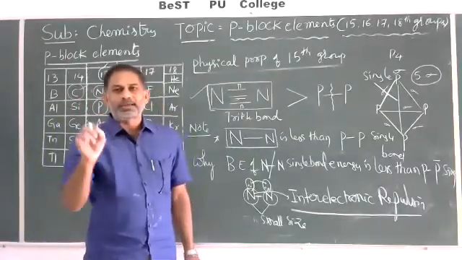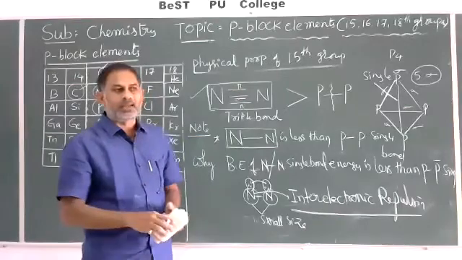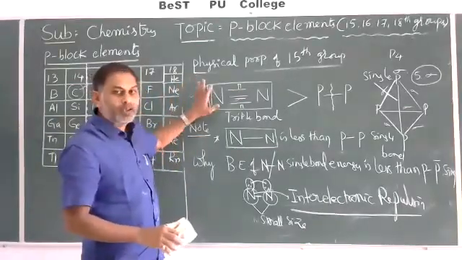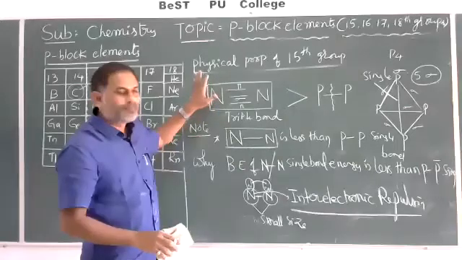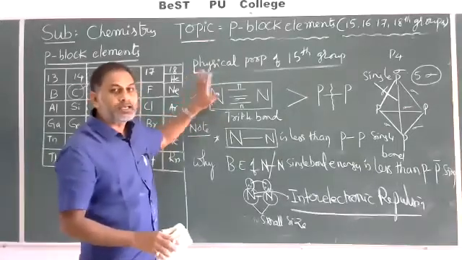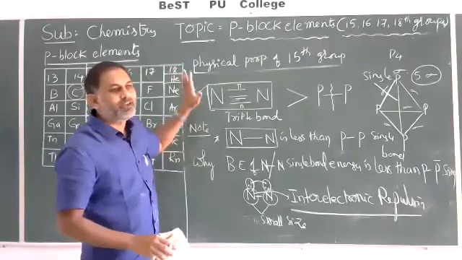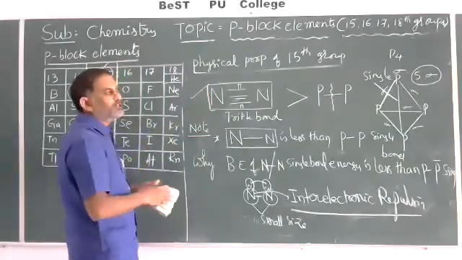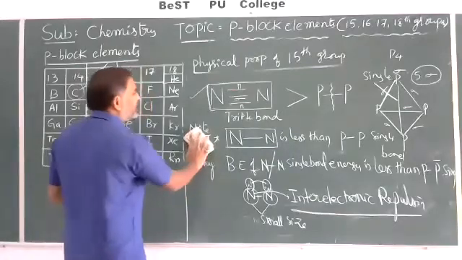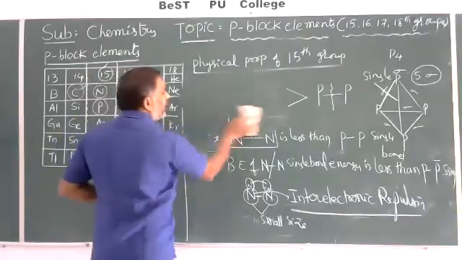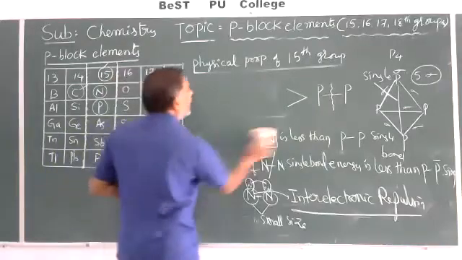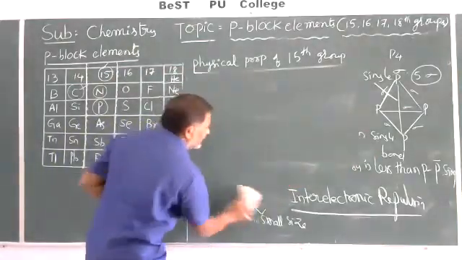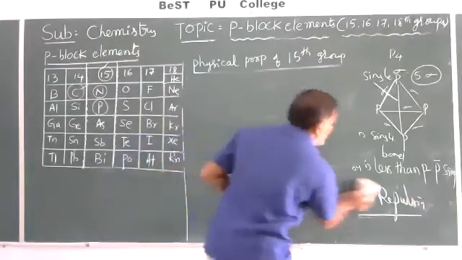One table is given in our textbook covering all characteristics. Don't memorize all values by heart, just observe how they increase or decrease. Very important concept. Based on this, they may ask one objective or one more question in theory. After physical properties, now I'll start some important chemical properties.